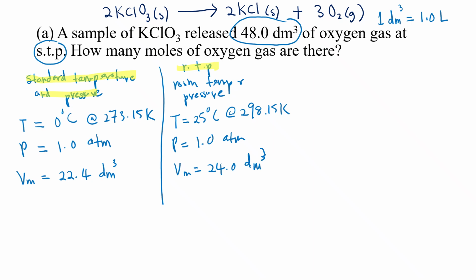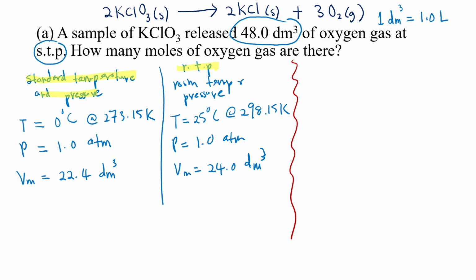Okay. Alright, so now kita nak cari how many moles of oxygen gas are there pada STP. So, what we can do adalah, okay, since kita hanya ada volume untuk oxygen gas saja, so volume kita boleh relatekan dengan molar volume lah. Okay, so apa dia punya general statement dia?